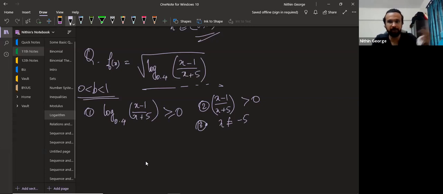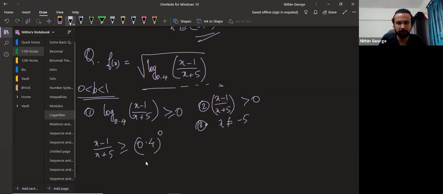It becomes a problem of inequalities. Let's look at the first condition. It will remain a problem of log. You can say that x minus 1 by x plus 5 is greater than or equal to 0 to the power 0. Guys, any doubts?